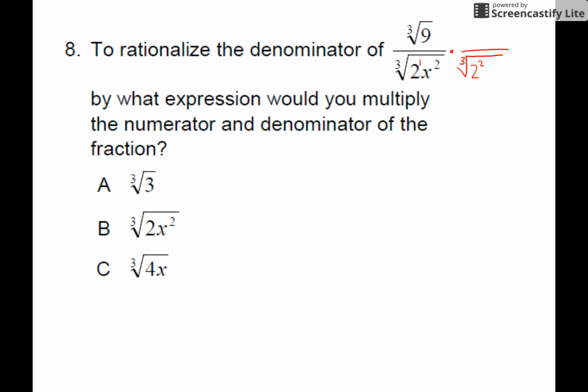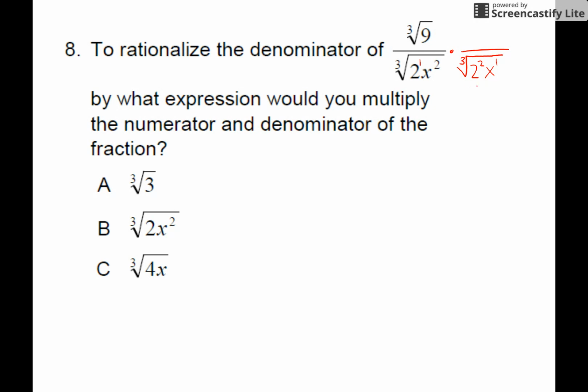So that gives me 2 in the first radical, and then 2 squared in the second. For the x's, I have two x's in the first cube root, so I'm going to add one more, or x to the 1st, so that when I multiply, they both end up with an exponent of 3, and that will get rid of our radical or our cube root.